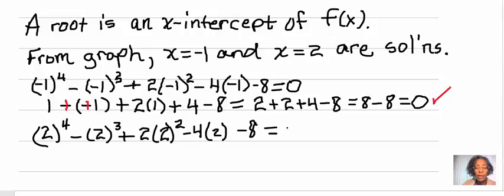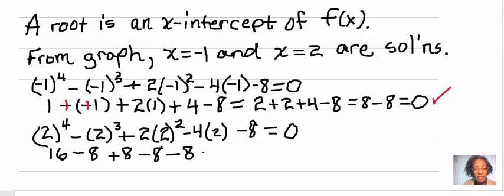All right, so I'm testing 2, which I know is really going to be a root because the graph actually told me that. But I'm just really trying to convince you in case I have any unbelievers. All right, so raising 2 to the 4th minus 2 cubed plus 2 times 2 squared minus 4 times 2 minus 8 gives me 16 minus 8 plus 8 minus 8 minus 8.